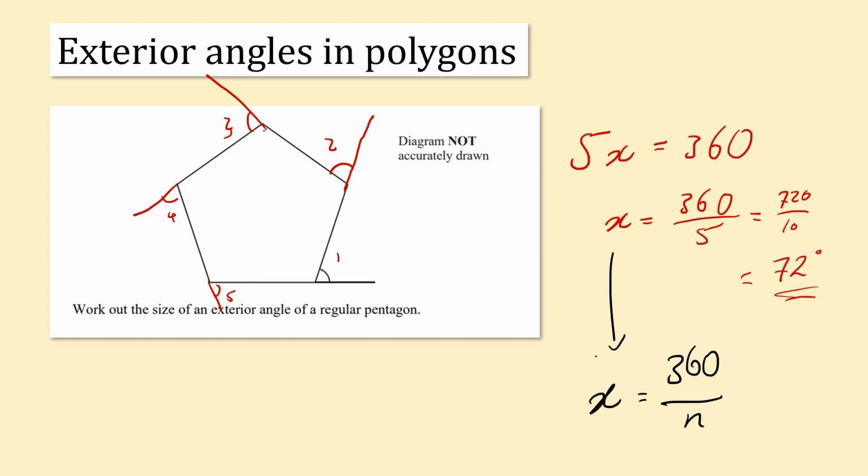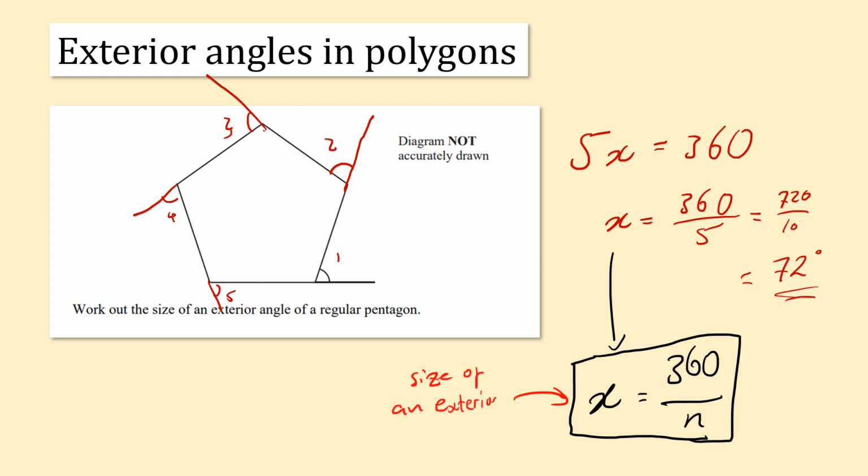Okay, so this is a formula that you should probably know. So let's say what each of those things are. x is the size of an exterior angle, just one of them. 360 doesn't need an explanation, but the n is the number of sides that the shape has.